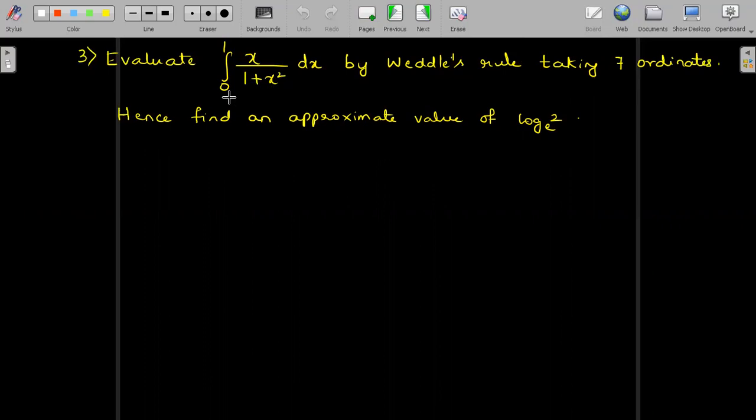We need to integrate that using Weddle's rule between the limits 0 to 1. So we have to divide 0 to 1 into 6 equal parts, because 7 ordinates corresponds to 6 equal parts, and we need to write down the points of division. So let us see the solution now.